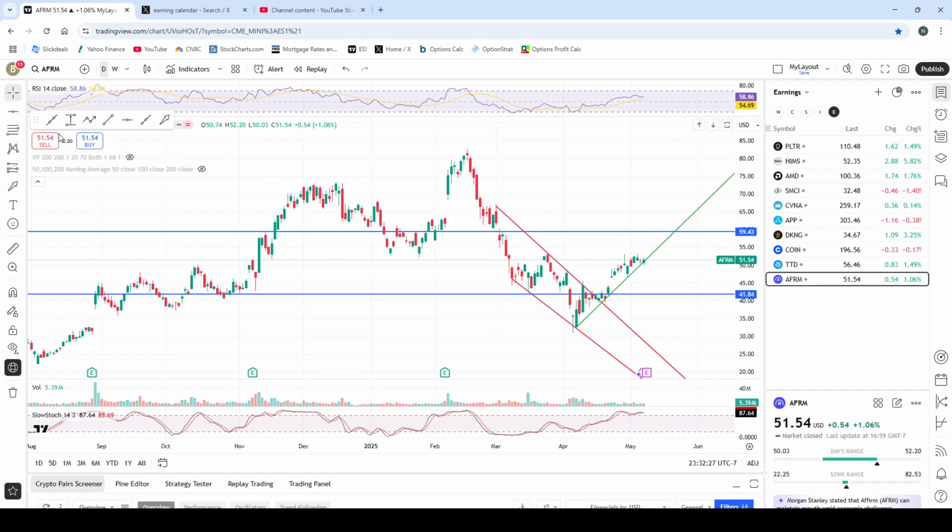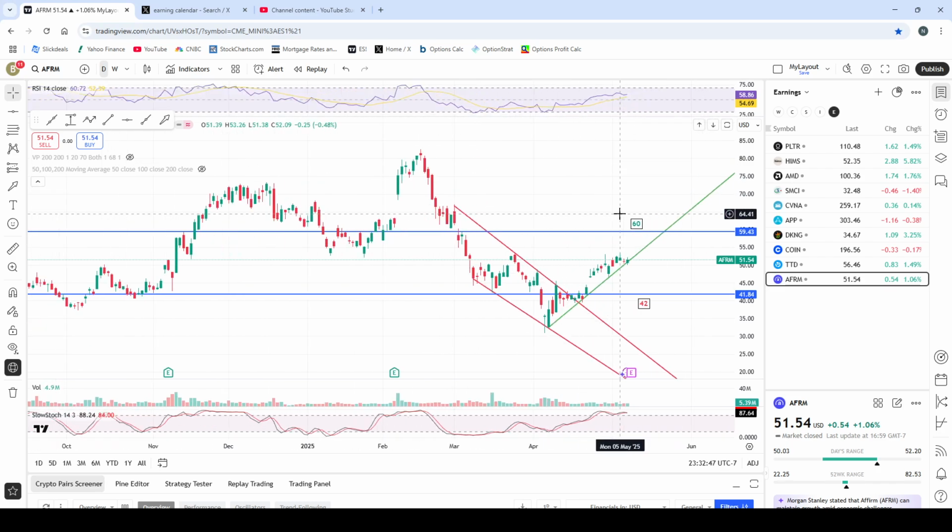So it's about 60 for the top level and 42 for the lower level.